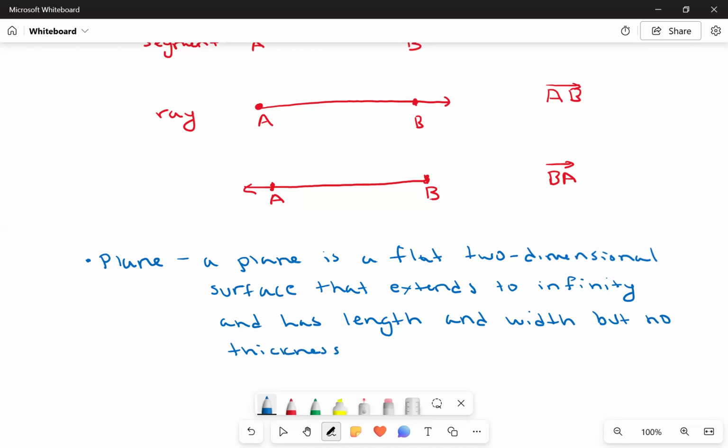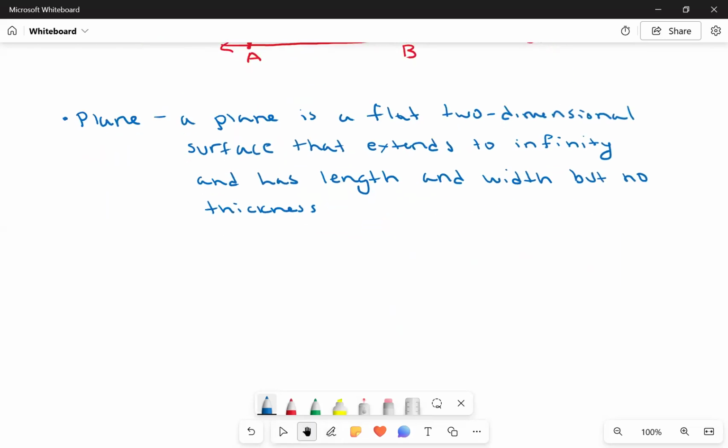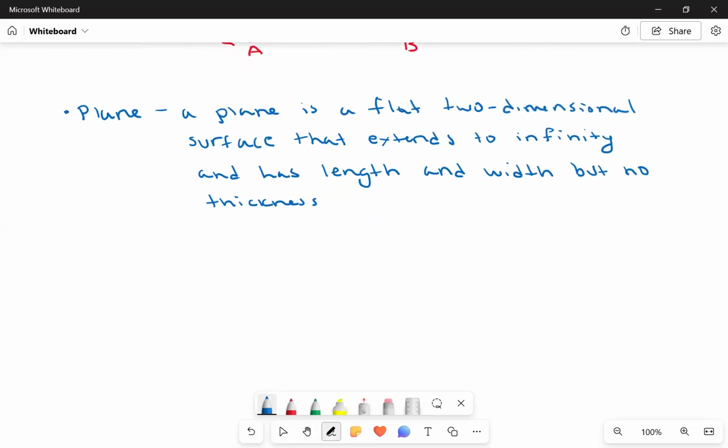Okay, all right, so there you go. Those are the basics of the figures that we're going to build our whole geometry on. So looking around my room for an example, well, the wall or the ceiling or the floor. I'll just put the wall. Those are all examples of planes, but they exist in 3D. But the flat surface itself is not supposed to have thickness.